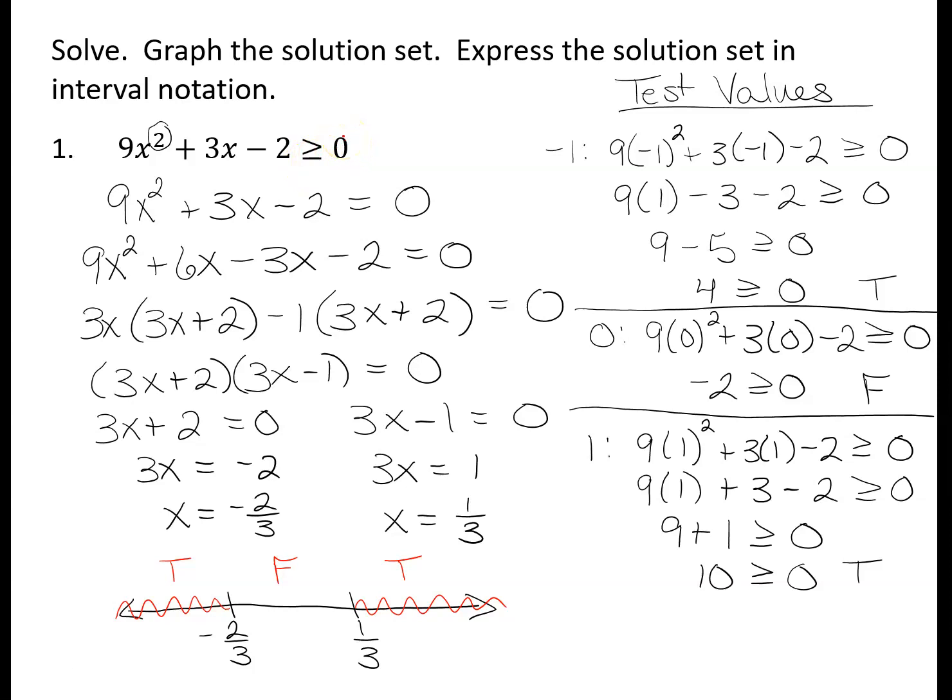Okay, so that means use square brackets, put them right on the tick mark towards the shading. So on each one, a square bracket towards the shading. It means we're including those as solutions. And that is, again, because of the equal to bar. That's what caused us to use the square brackets.